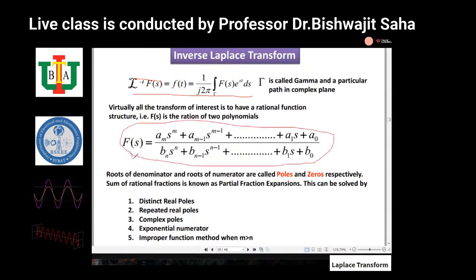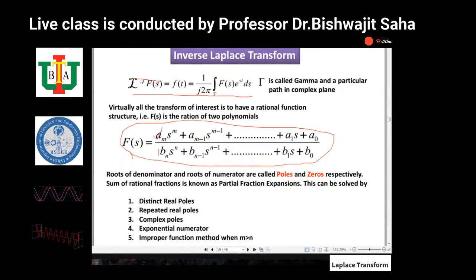We need to apply the partial fraction expansion. So firstly, we must know the transfer function, which has the poles and zeros. There are two parts, right? One is above the reference line, another is below the reference line.